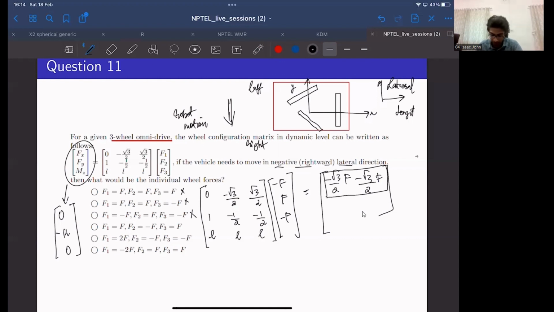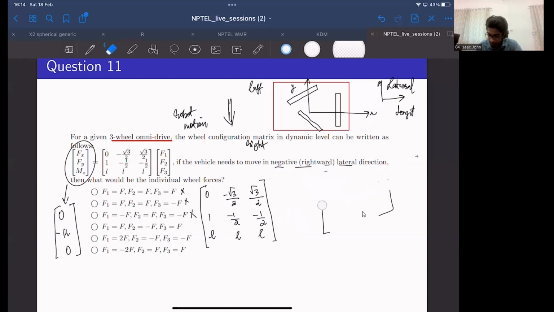So we can rule out option 3 as well. What about option 4? Option 4 says F, minus F, F. That is simply a flipped sign of option 3. So we can rule this out because both of these are simply flipped.